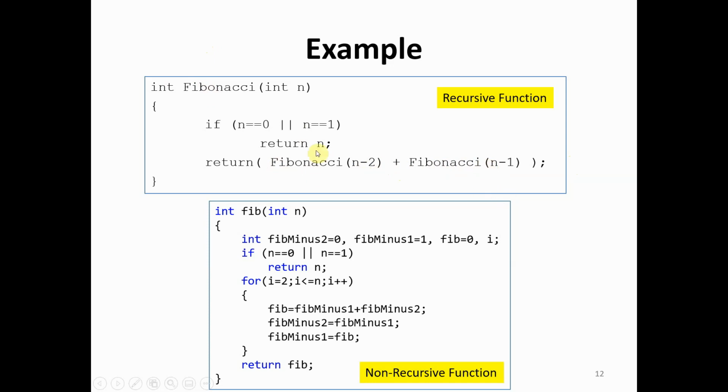So let's say that we want to see what the Fibonacci number is when n is equal to 3. It's going to go here; n is not 0, n is not 1. It says: first calculate Fibonacci of n minus 2, which is 3 minus 2. So it's going to call the same function with a different argument.